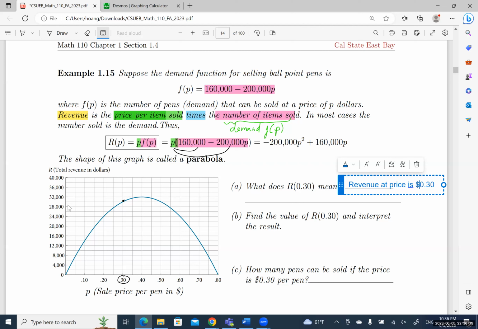I know it's supposed to be like 30,000, but we don't really need to know that, right? Part B says find the value of R at 0.30 here and interpret the result.